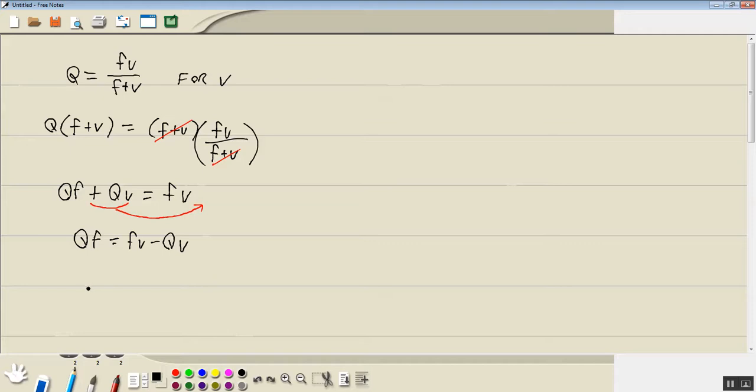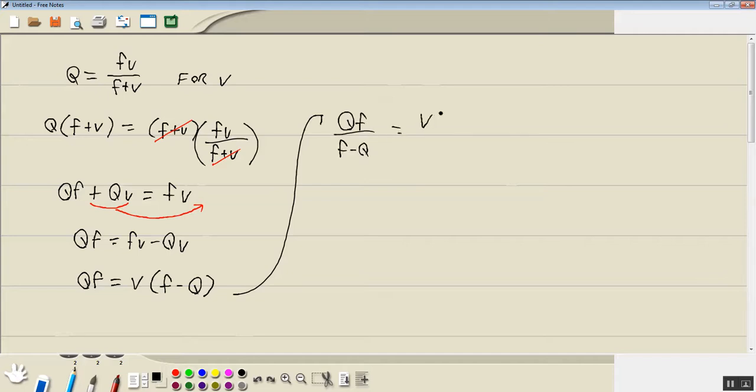Now step 4 is factor out the variable you're solving for if possible. And I said you'll have 2 or more of that variable. Well, we have 2 V's, so that means I can factor out a V. And that gives us F minus Q. And then last step is to divide both sides by what's in front of or back of the variable you're solving for. Nothing in front of the V, but there's an F minus Q after it. So I divide both sides by F minus Q. And do that, those F minus Q's cancel.